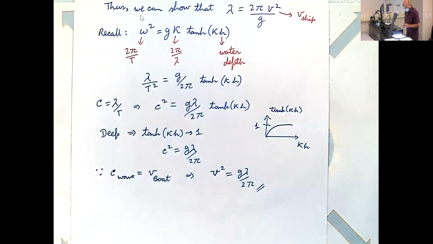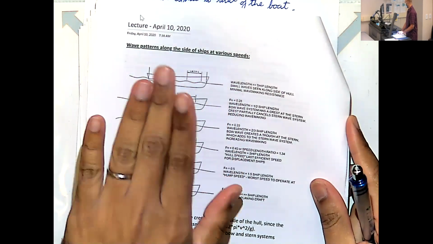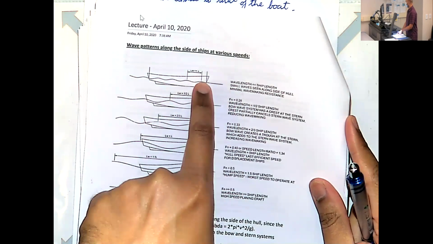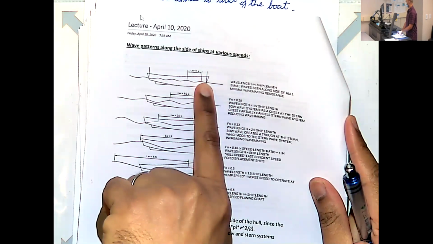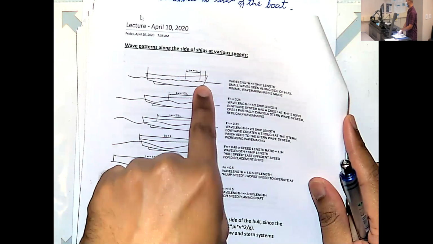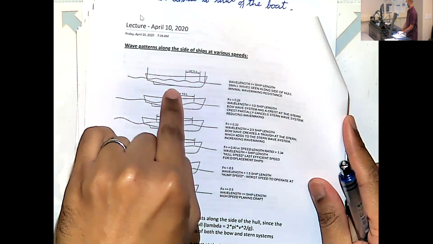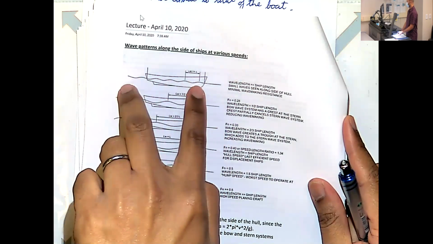Okay, now let me just show you what happens. So I'll send you this picture so you have it, and so no need to draw anything. What happens when your bow is moving through water is it generates a wave, right? And depending on your speed, that will determine what the wavelength of this wave is, right?